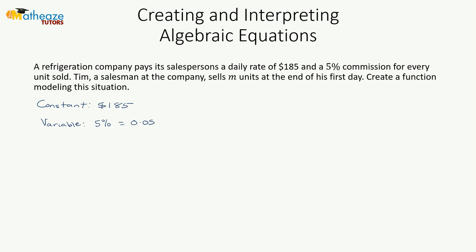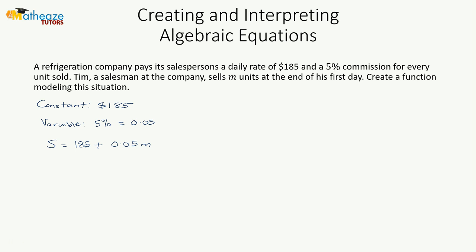Okay, so let's call it S for the number of sales. So we're going to say S is the amount of sales that he made. So S is going to be 185, a flat rate, plus then 5% per unit sold.